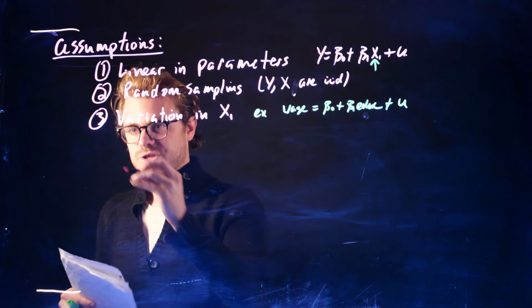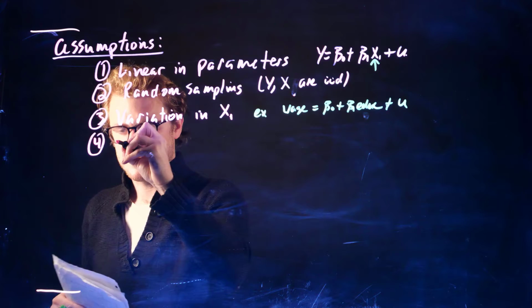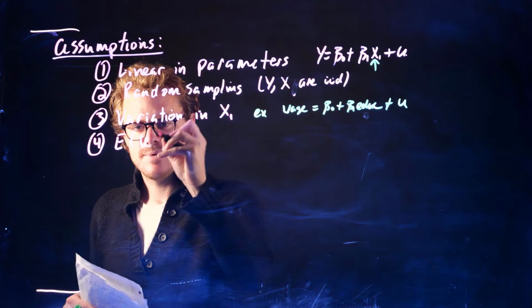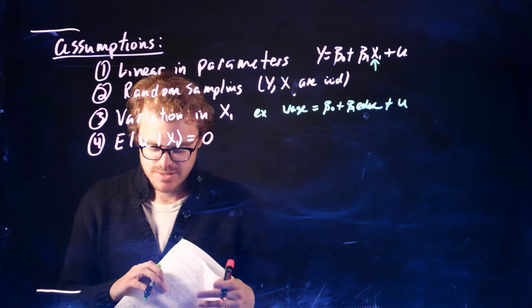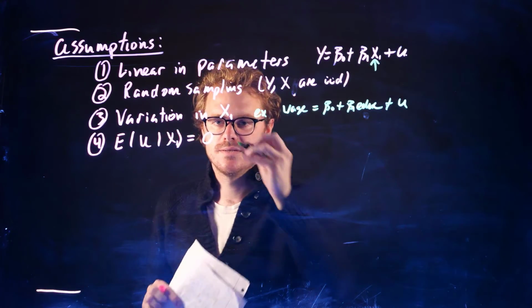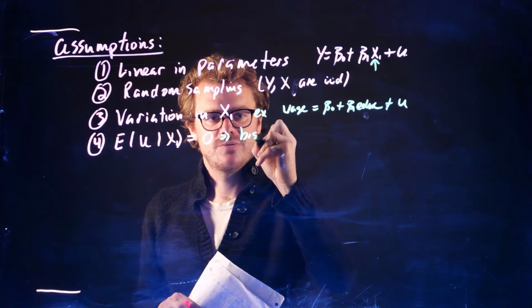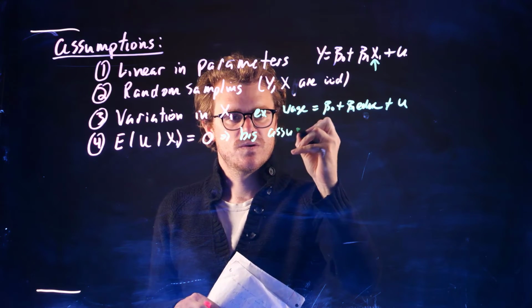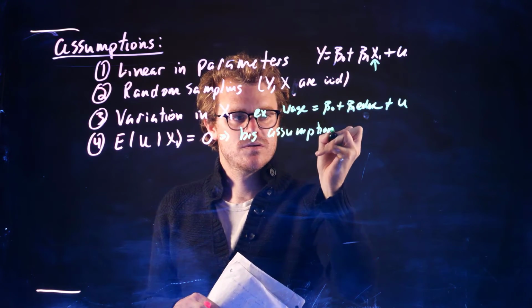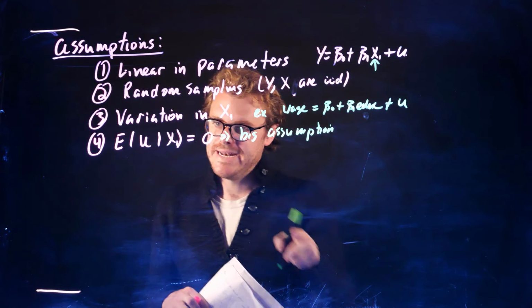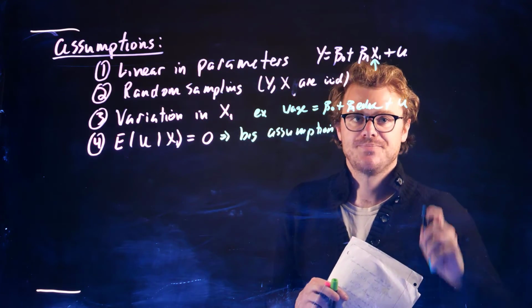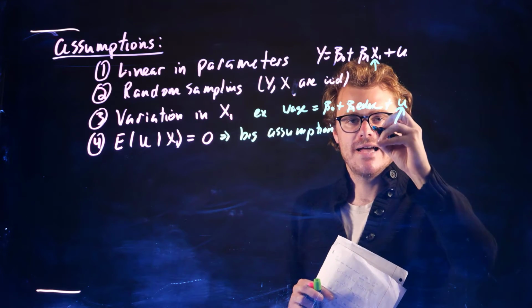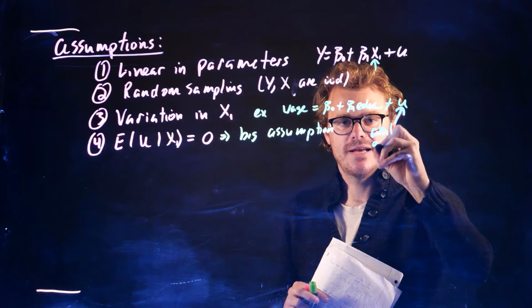And then the fourth assumption, this is that big one that we've talked about before, is that the expectation of U given X1 equals 0. So remember, this was a big assumption we were making. We did an example with a regression that looks something like this one, and remember that in that, U is ability and experience.